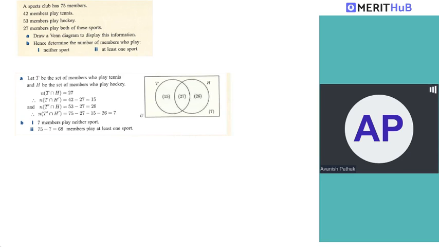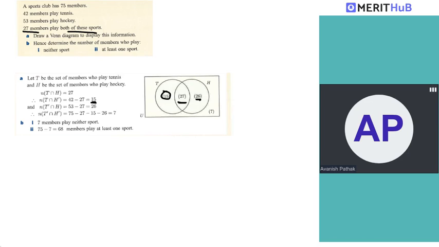For the intersection, we have 27 because it has said that 27 members play both of these sports. Now, the number who play tennis but not hockey is 42 minus 27, so that's 15 here. Again, the number who play hockey but not tennis is 53 minus 27, so that's 26 here.